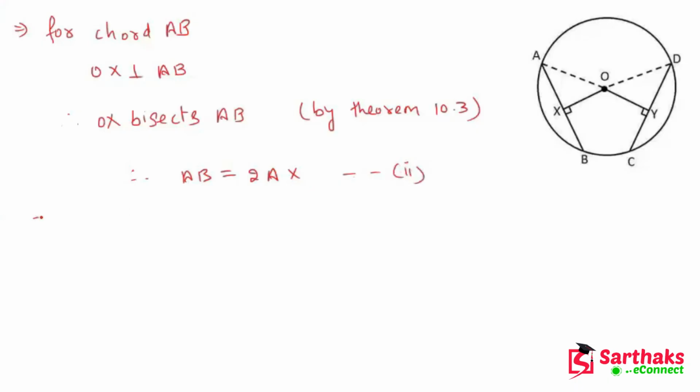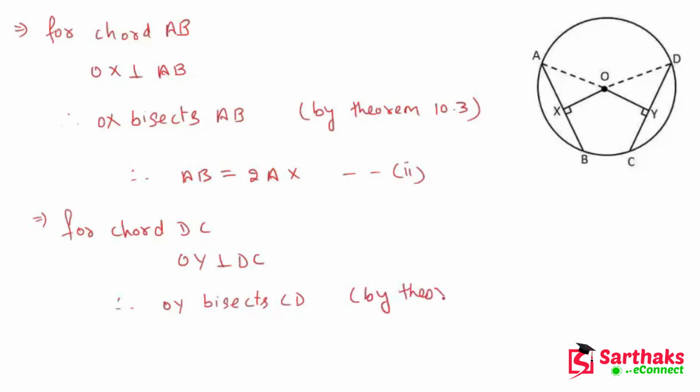Now similarly, for chord DC, OY is perpendicular to DC. Similarly again, we can say that a perpendicular from the center to the chord bisects the chord, so we can write OY bisects CD, again by theorem 10.3.